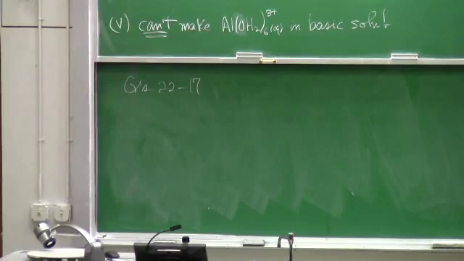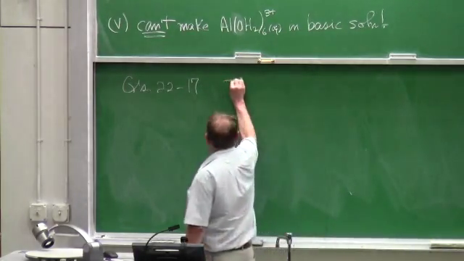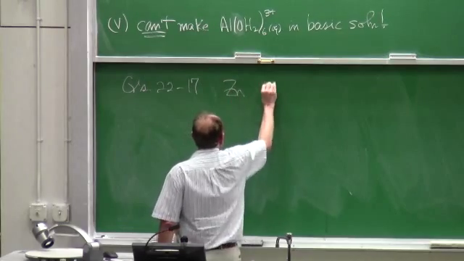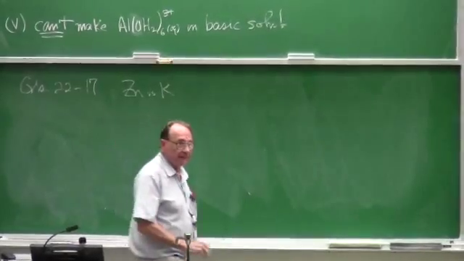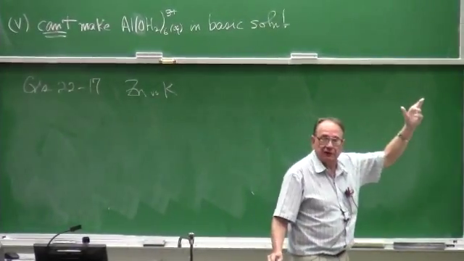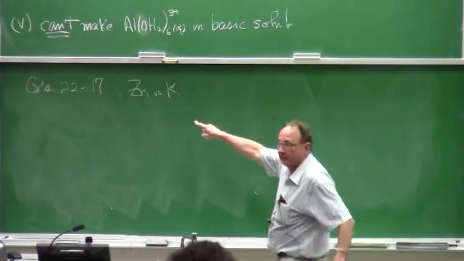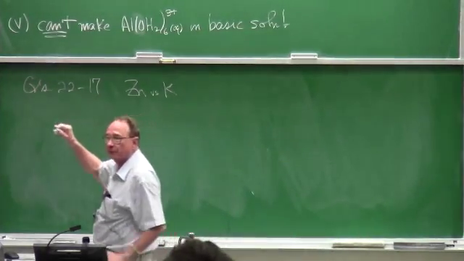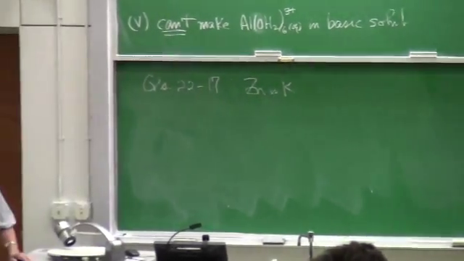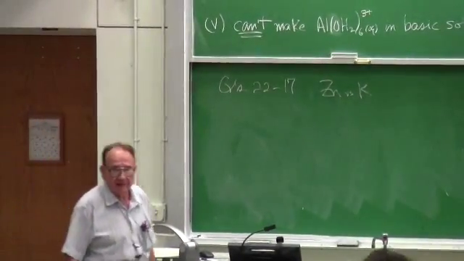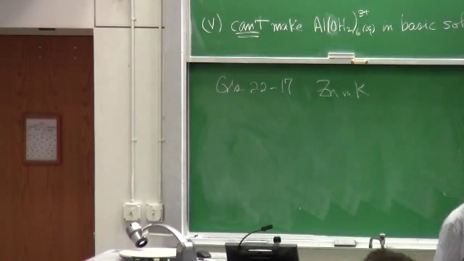The first part says, zinc is a poorer reducer than potassium. If, based on the analyses we've just done, I asked you to defend this statement, what would you write down? Because I'm going to ask you stuff like this on the exam at the end of this week.